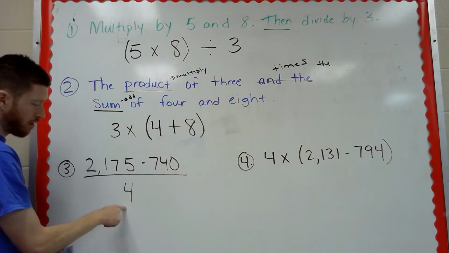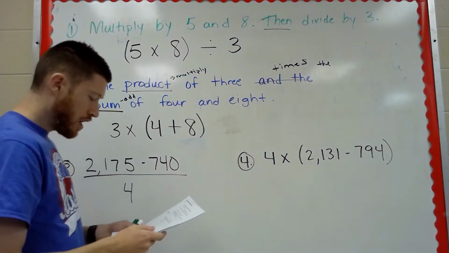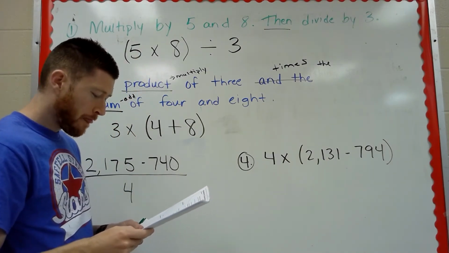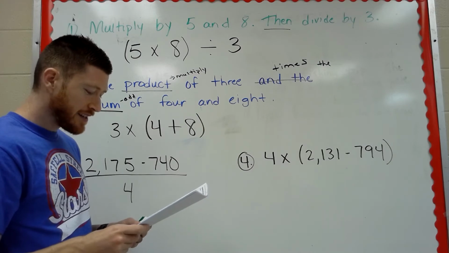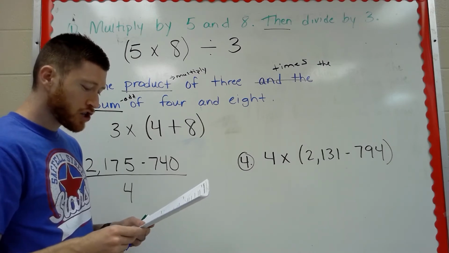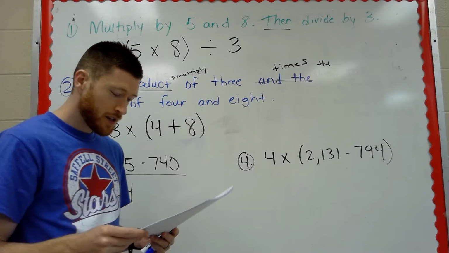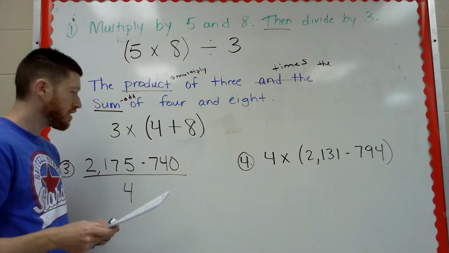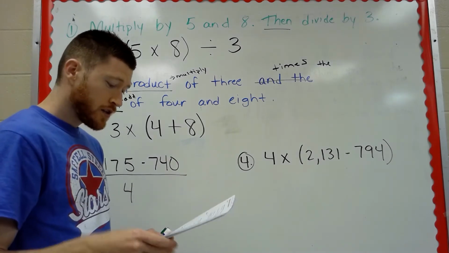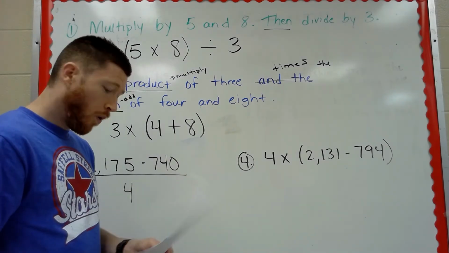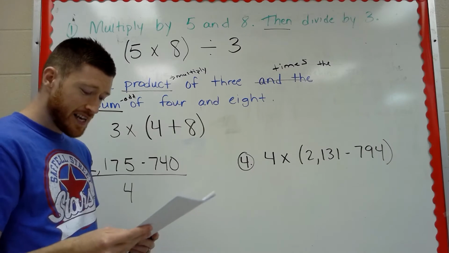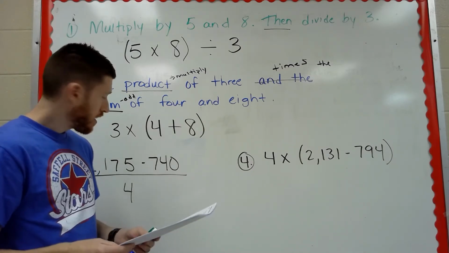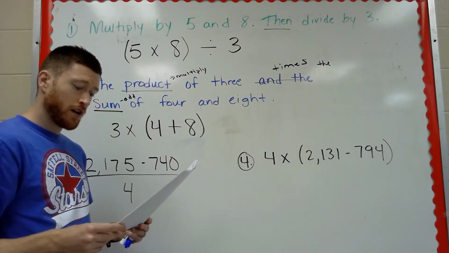Okay, so let's think about which one this would mean here. Okay, so would this mean that the given expression is 4 times the value of 2,175 minus 740? So is it 4 times as much? Or is it the given expression is 1/4 the value of 2,175 minus 740.